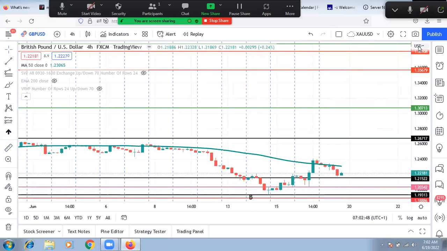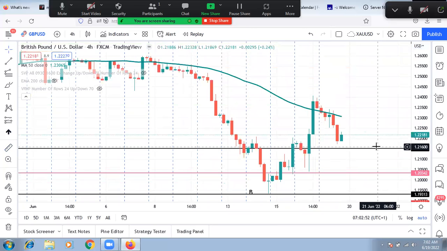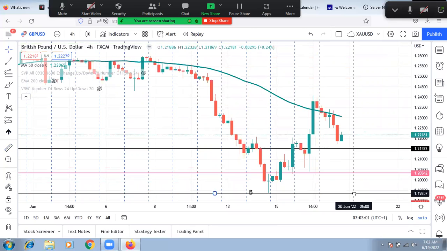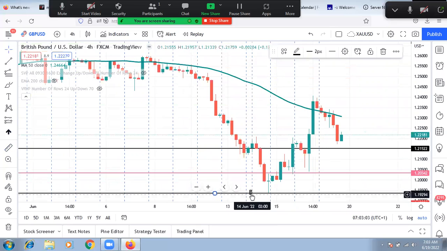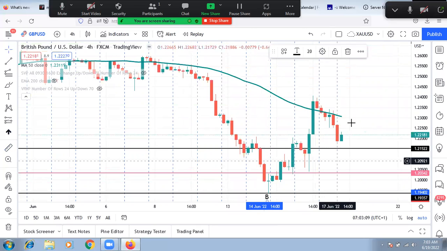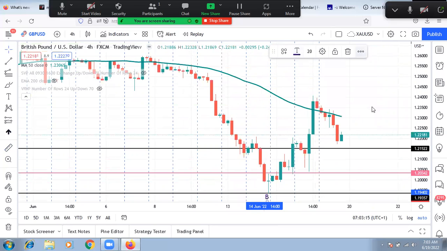and I want to find an entry here, so from this level, when you go to the lower time frame, you can pick this better. Let me change purple. The top also to purple.